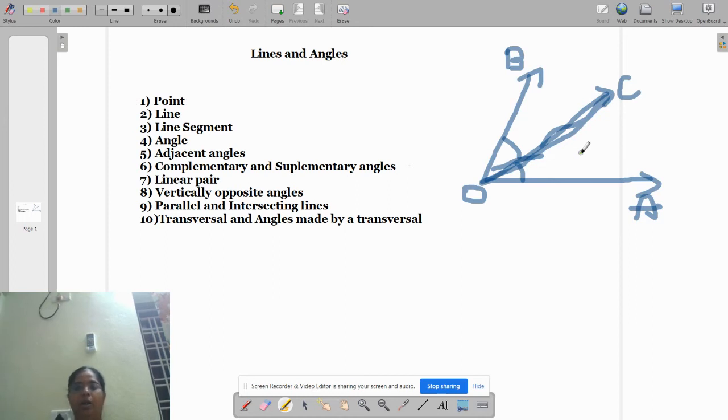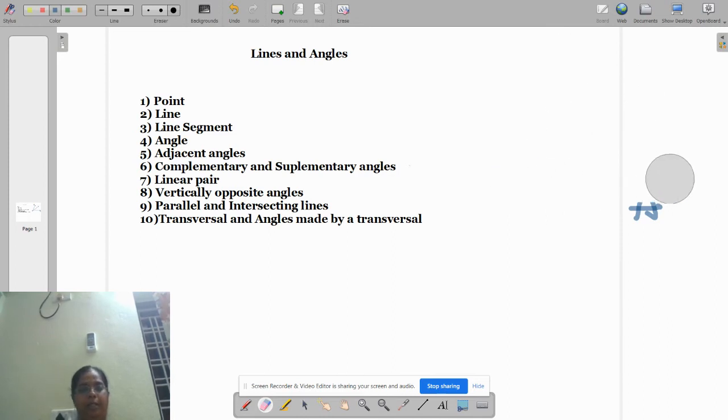If two angles have a common arm and a common vertex, then such angles are called adjacent angles.